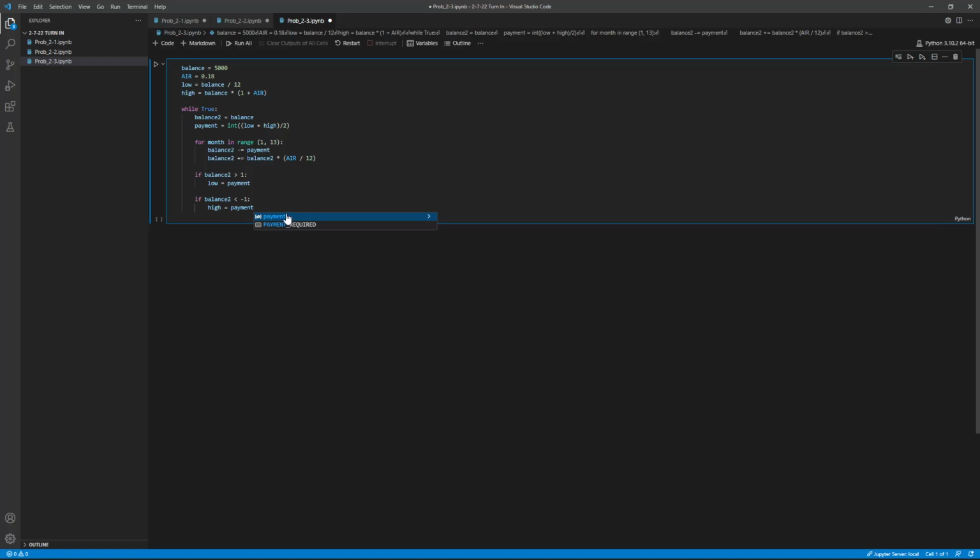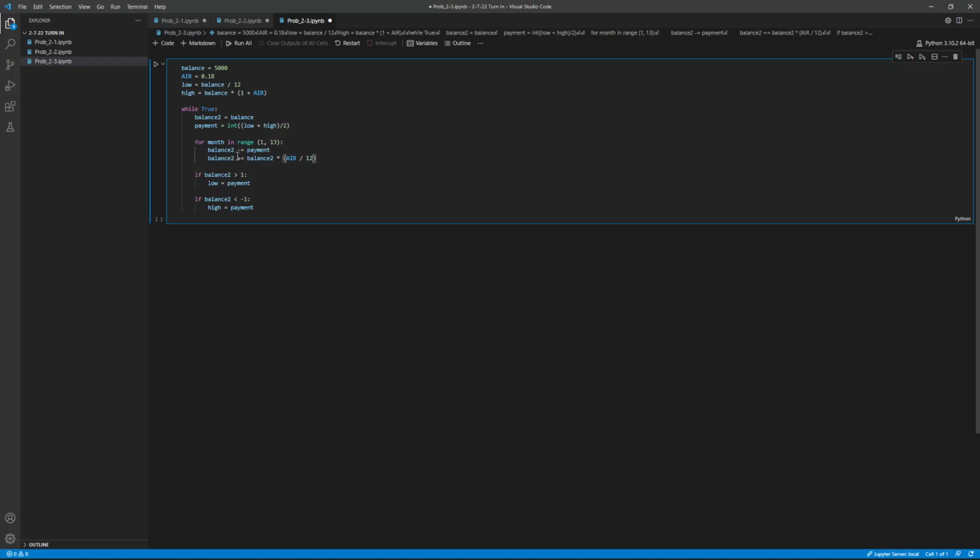And logically thinking about this would work because we're saying that if the value of balance 2 is greater than 1, then the low equals the payment, and the value of balance 2 is going to be determined by this. And we also have 1 and -1, so we can think of it in terms of if it's positive or negative. We always know that this value is going to be positive because 0.18 divided by a positive is positive.